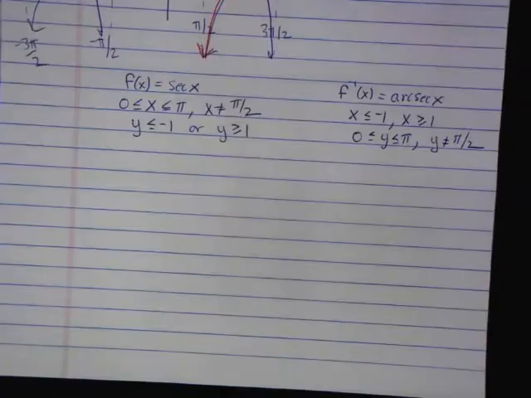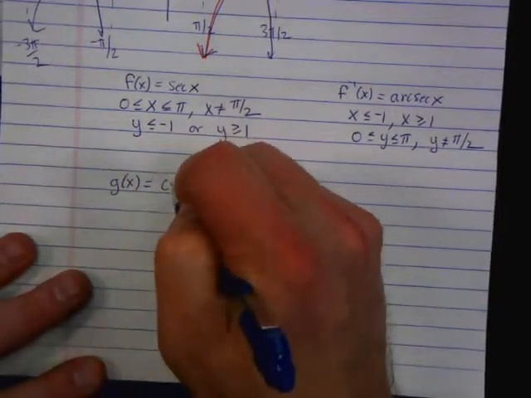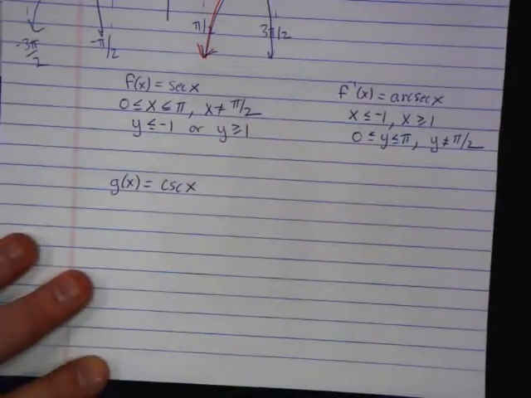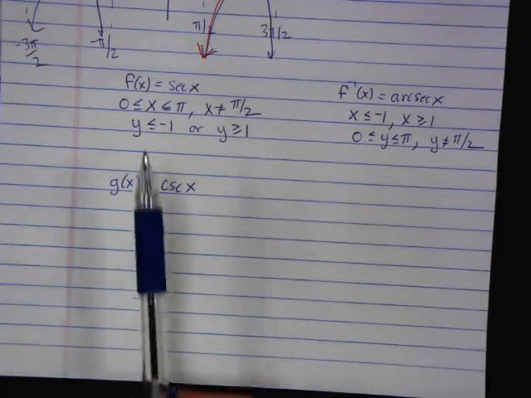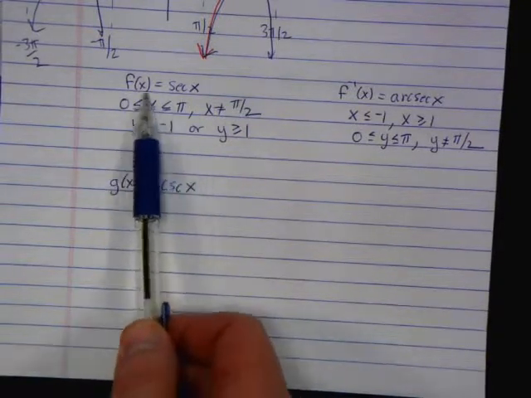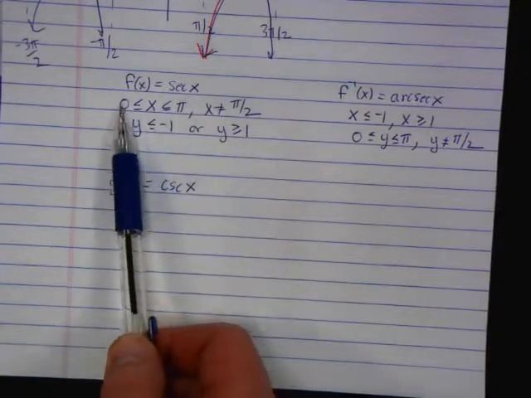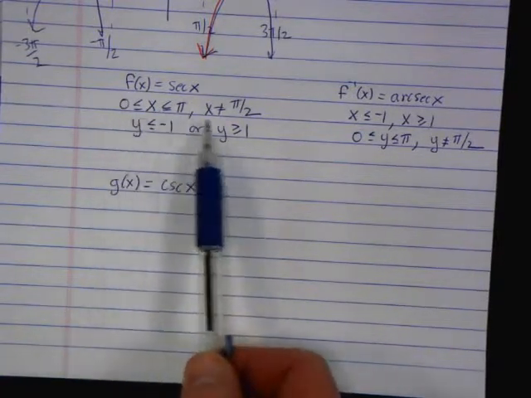Finally, our last exciting graph. G of x is cosecant x. Well, what I noticed up here for secant, this was exactly the same as, what's that domain the same as? Cosine, except I have to throw out 1 point.